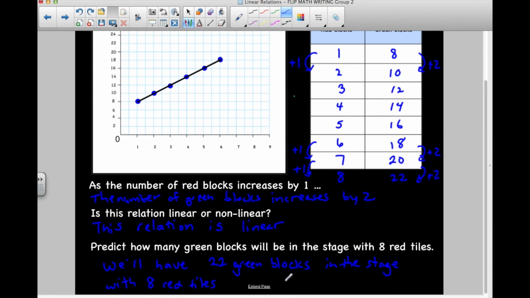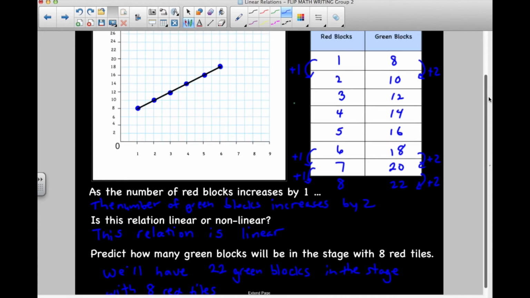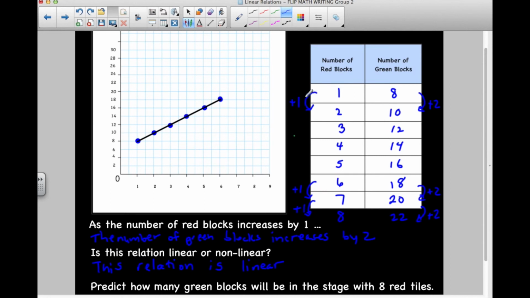So one of the nice things that we can do when we have a linear relationship is predict how the pattern will continue.